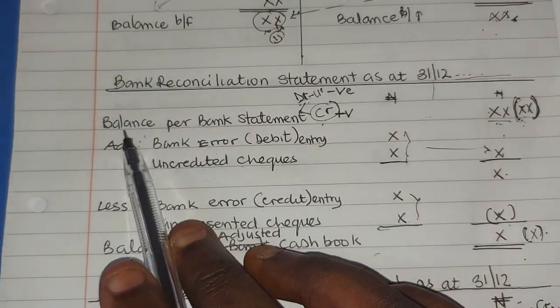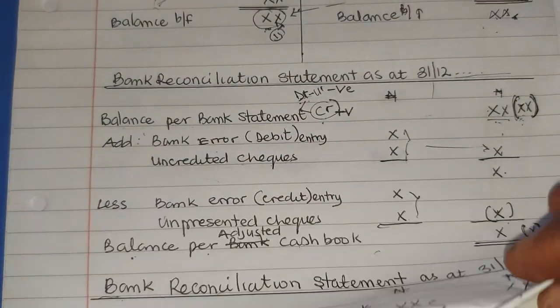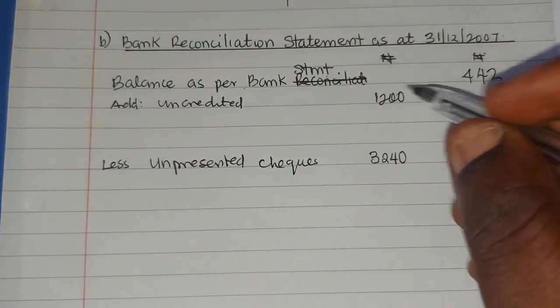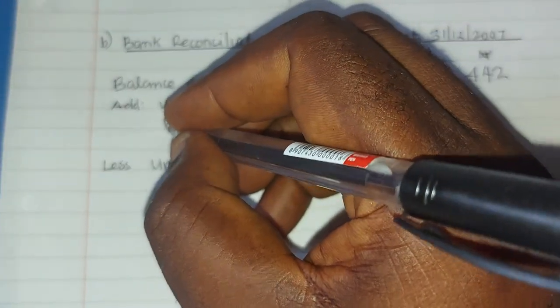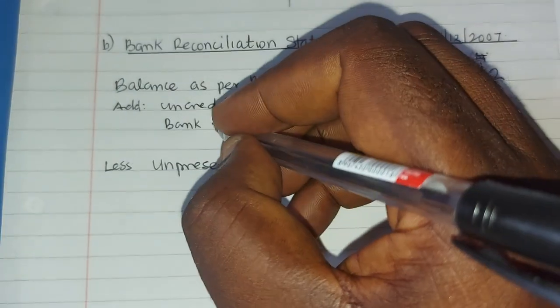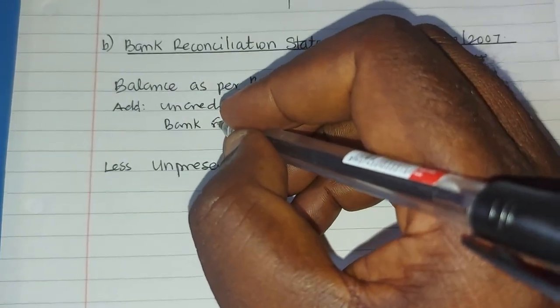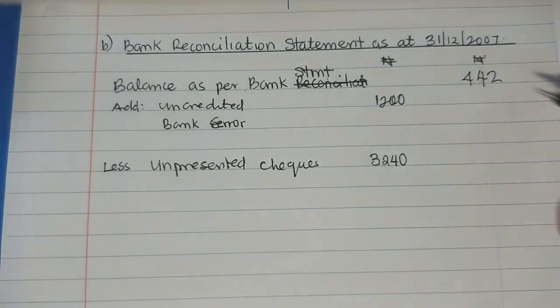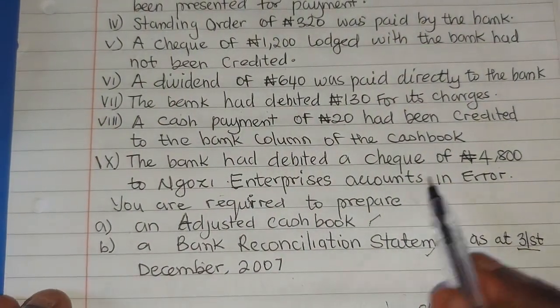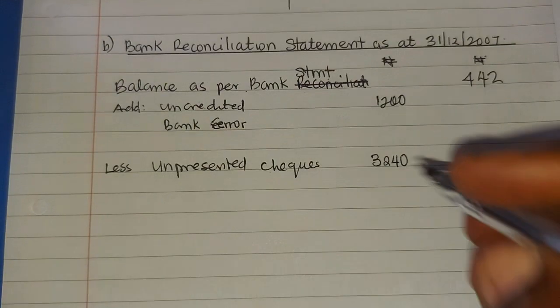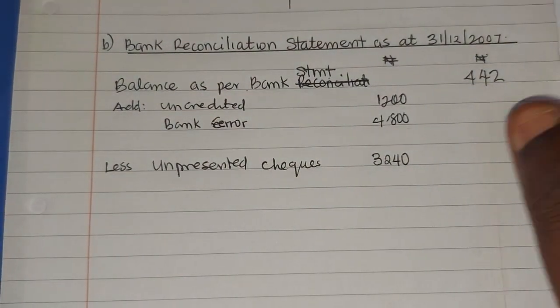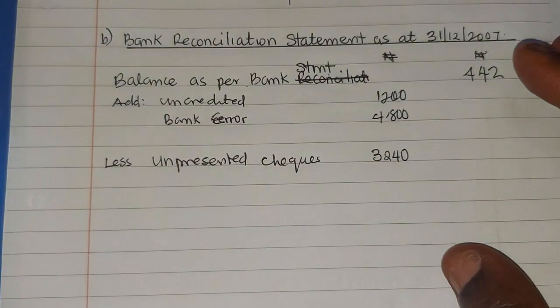You now say bank error. So we need to add it back. So what is the bank error, class? We have 4,800. Okay. Then I think that's all.